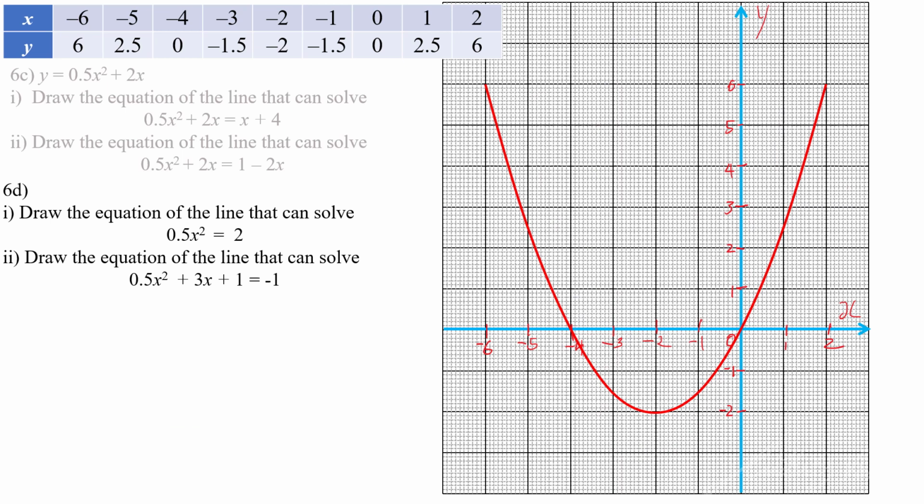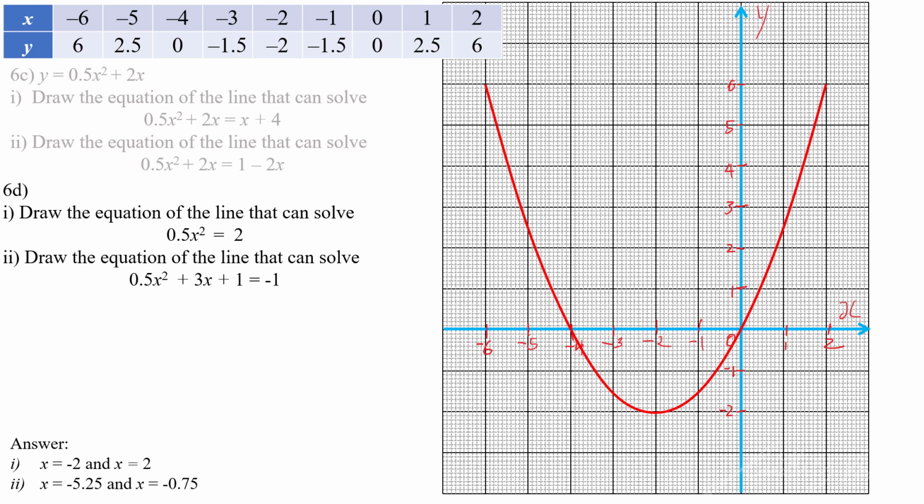For the last question, we are supposed to solve 0.5x squared is equal to 2, as well as draw the equation of the line that can solve 0.5x squared plus 3x plus 1 is equals to -1. So please do try this out on your own, and if you need the answer, they are down here.